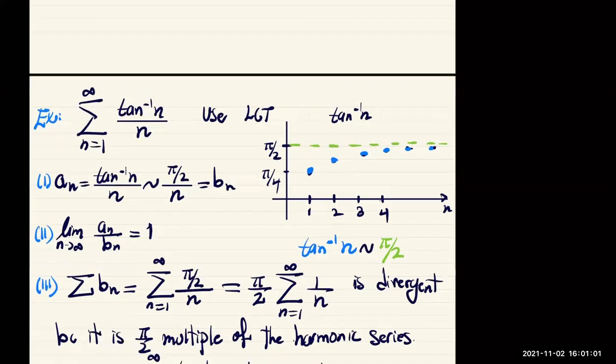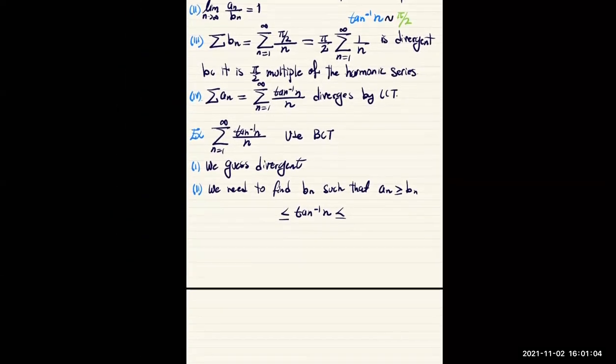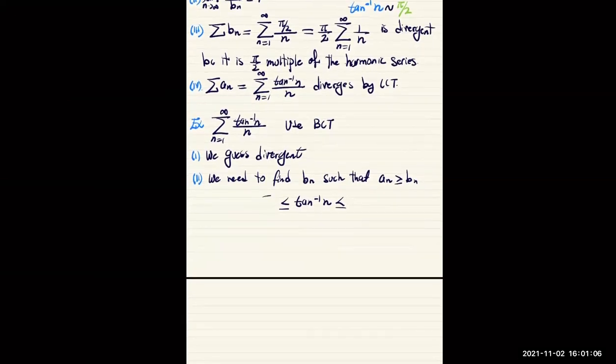It's not going to exceed pi over 2. It's like the squeeze theorem, kind of. This is always true for n greater than or equal to 1. That's the domain of the sequence.